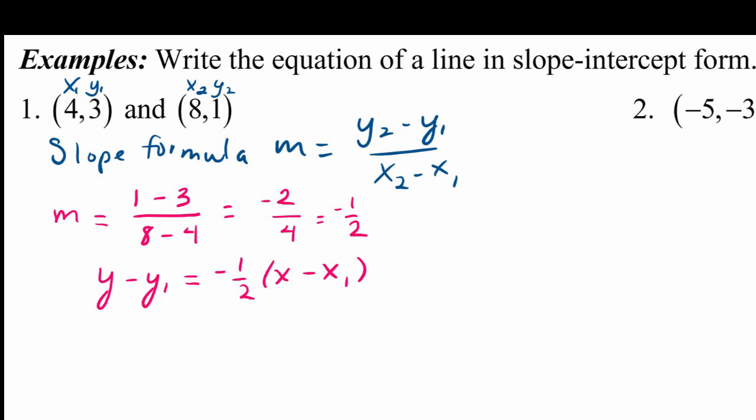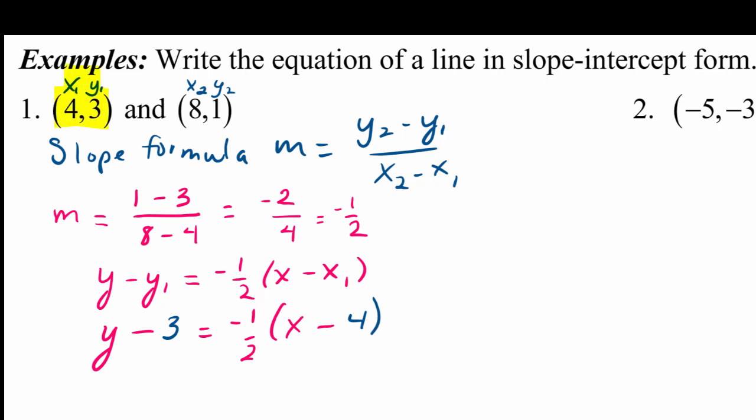In this case, it doesn't really matter. So I'm going to leave x1, y1 the way we have defined them. So then I'll write y minus 3 equals negative 1/2, and then x minus x1, which is 4.